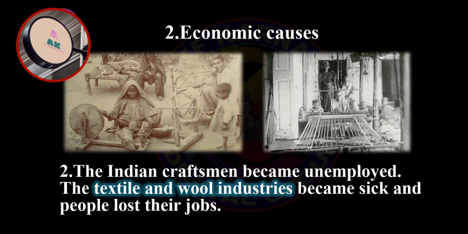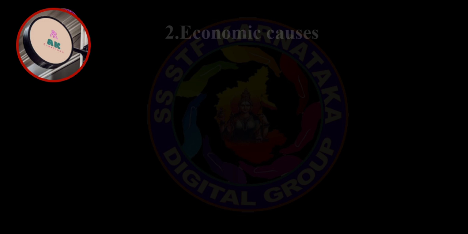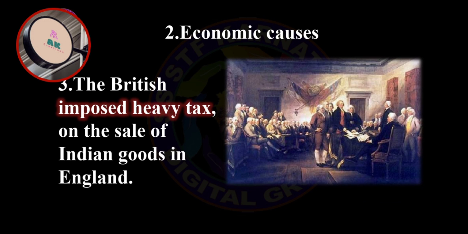Because of the industries, a lot of people lost their work. Because of the machinery, the Indian craftsmen became unemployed, the textile and wool industries became sick and people lost their jobs. Then the British imposed heavy tax, right?